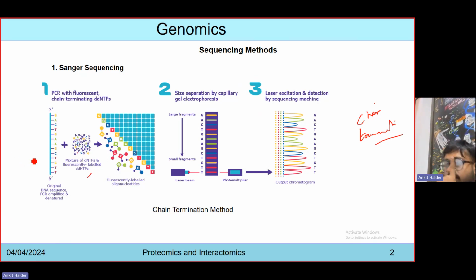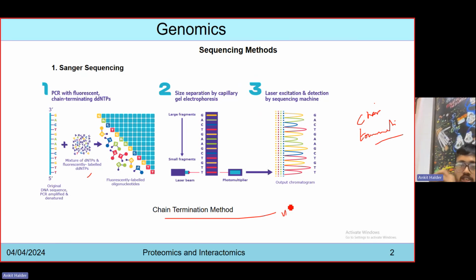So how does the sequencing happen? A dNTP has a free hydroxyl group to which you can incorporate the next NTP.